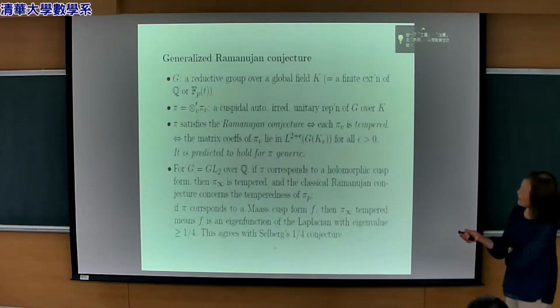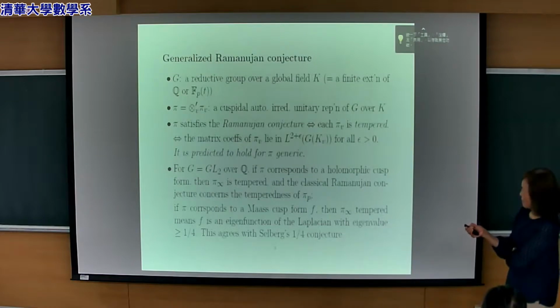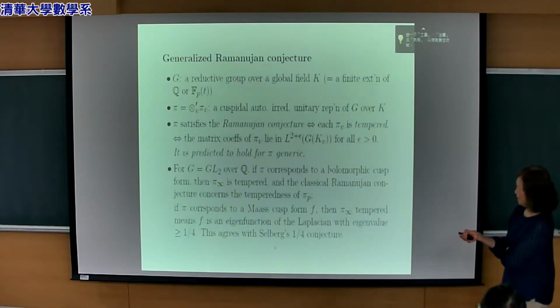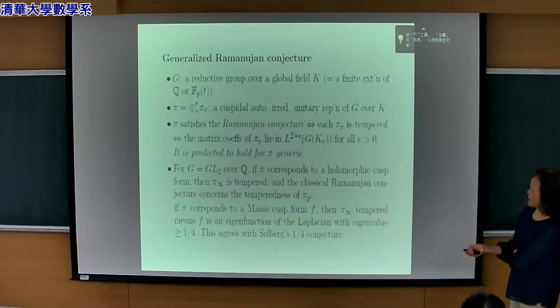Okay. So if I take the group to be G defined over Q, and I take the representations as this, then it comes from two sources. One is from the holomorphic cusp form. The other one is from the real analytic Maass cusp form.